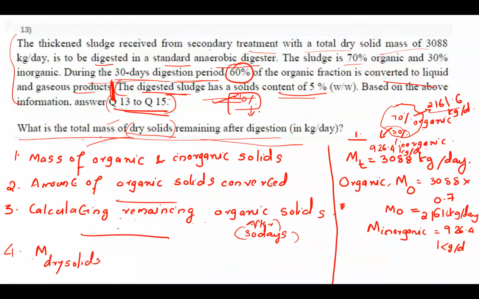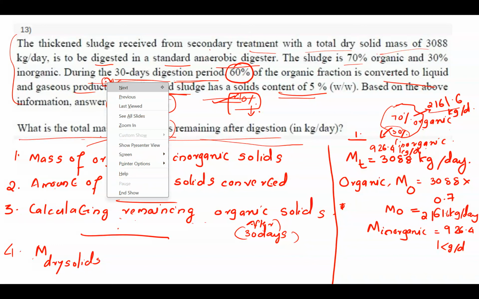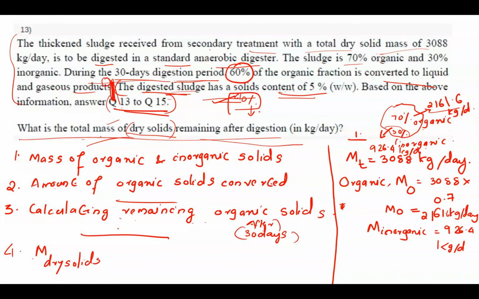So in this first equation the conversion is given. Here, what we have calculated till here, we have got the value of the organic fraction which is converted to liquid and gaseous. Then the percentage of digested sludge is given, which we compare with the previous answer.